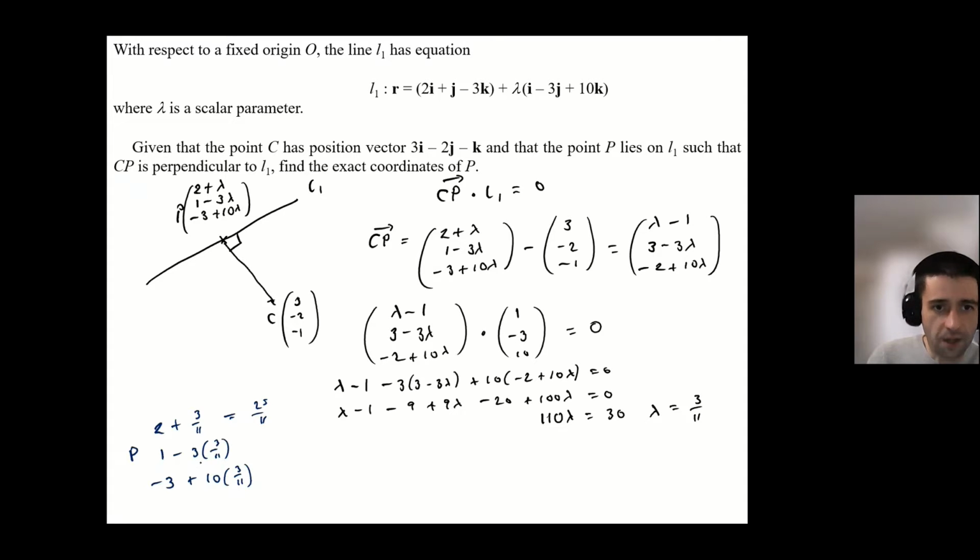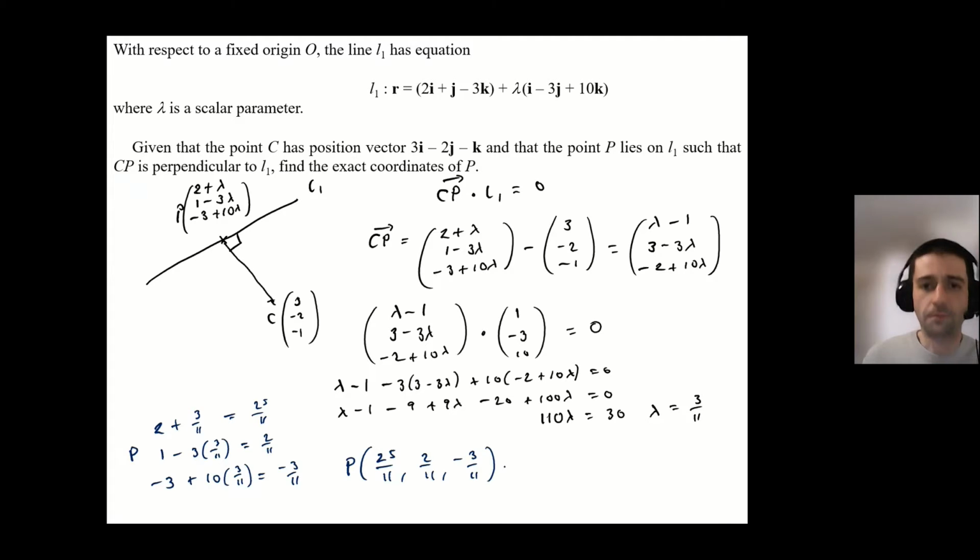Then 1 take away 3 lots of 3 over 11 is 2 over 11. And then negative 3 plus 30 over 11 is going to be negative 3 over 11. Absolutely beautiful there. We're asked for exact coordinates, which means that my point P is (25 over 11, 2 over 11, negative 3 over 11).